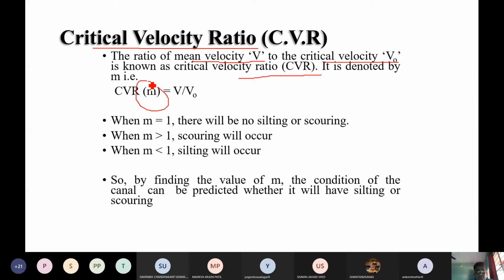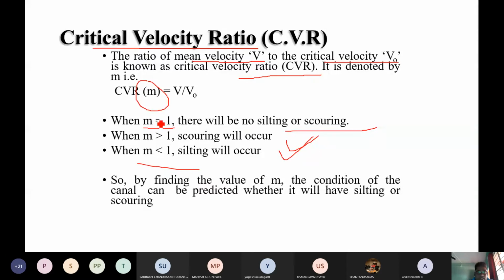Then what type of actions? If M is equal to 1, then there will be no silting or scouring action. If M is greater than 1, that is the CVR is greater than 1, then scouring will occur, and if M is less than 1, then silting will occur.